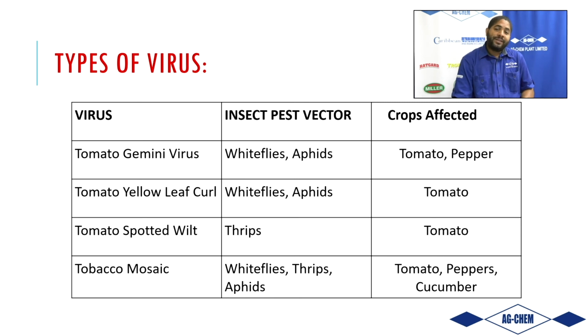The tomato spotted wilt virus is transmitted by thrips, and this also is focused mainly in tomatoes. The tobacco mosaic virus, its main host would have been tobacco. However, it also infects your tomatoes, your peppers, your cucumber, etc. And this is transmitted by whiteflies, thrips, and aphids.